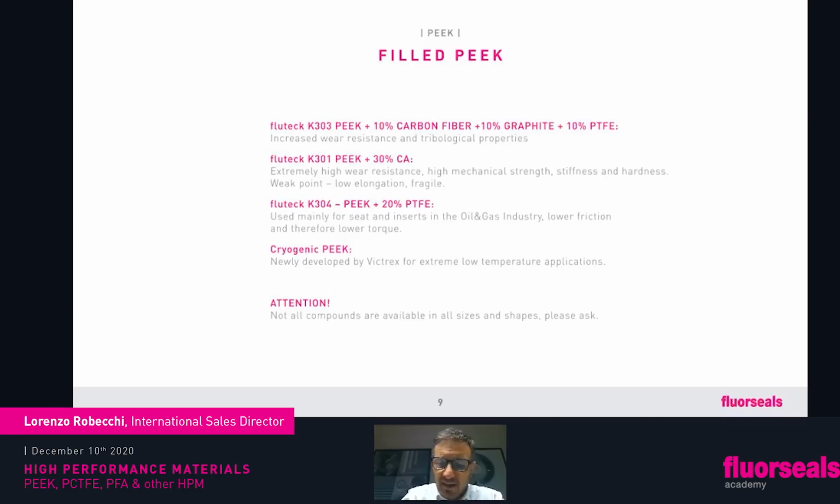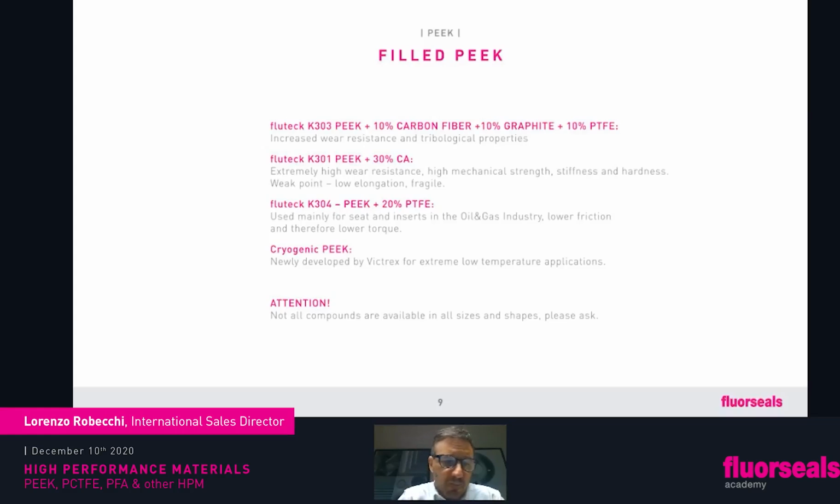So yes, it may decrease a class. This is to be seen according to engineering, sizes, diameter, and so on. But it remains a strong material, and yet with 20% PTFE, it does lower the friction. What it does mean is you need less torque to activate the valve, and valve producers really like that, to lower the torque.